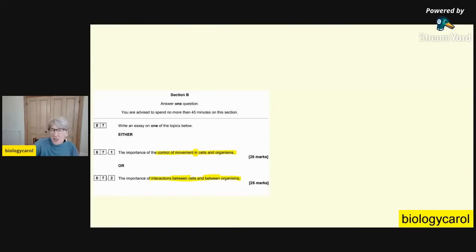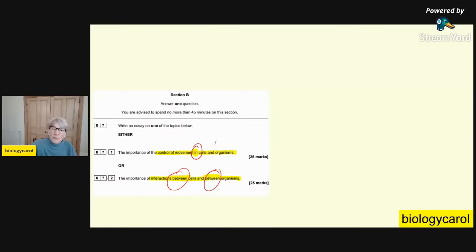So let me just firstly go through the 2 parts of these titles. The bit I've highlighted in yellow is fundamentally the topic of the essay. It's the subject of the essay. And I've particularly highlighted that it is in cells and in organisms, and here it is between cells and between organisms.